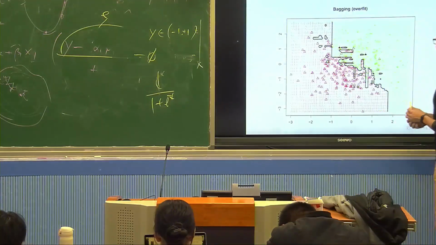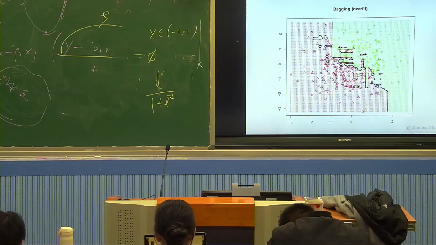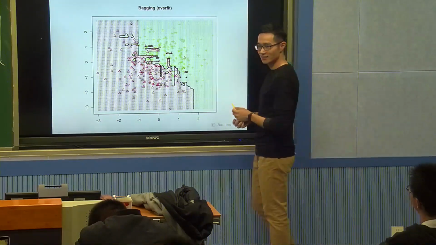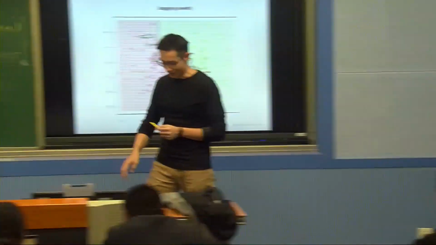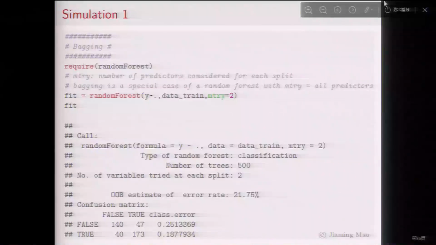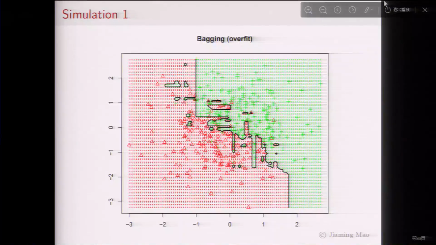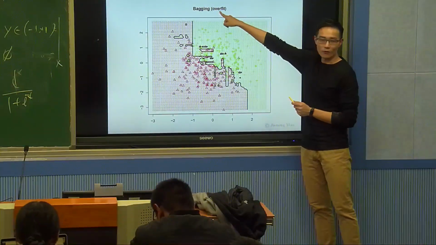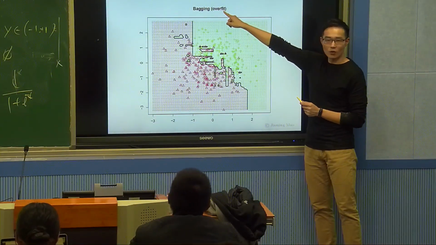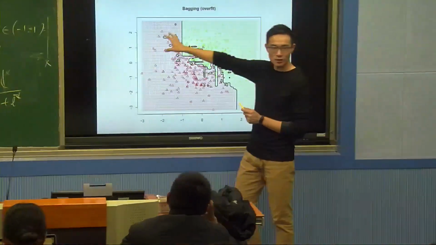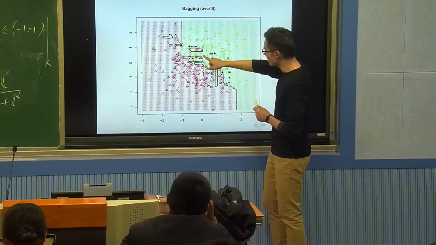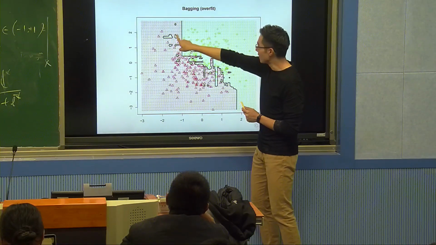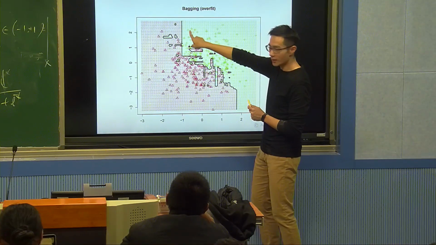What does it look like to you? Here's the decision boundary. What does it look like to you? One thing you should know is that it looks like overfitting. It's severely overfit. The boundary is too complex. You can see the reason why it does this: here's some data that is plus, and these are triangles.